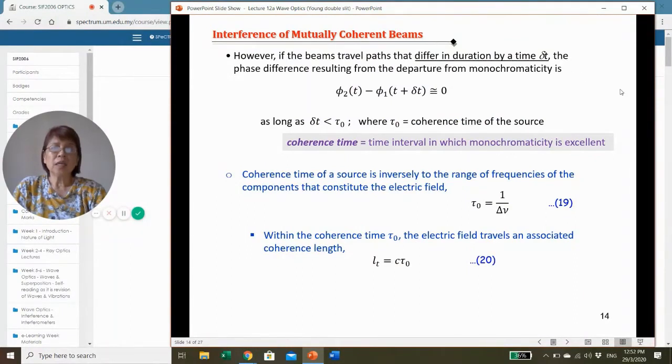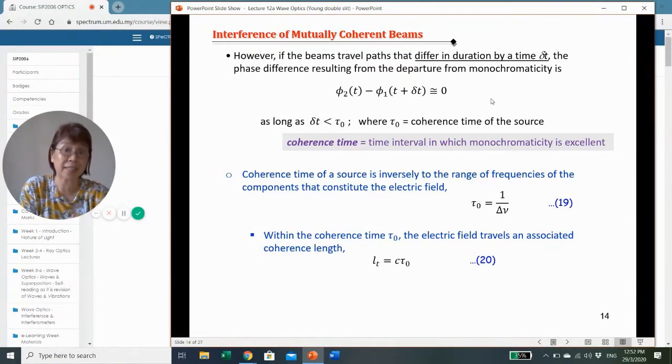So if the beam were to travel paths that differ in duration by the time called delta t, then the path difference resulting from the departure of monochromaticity can still be approximated to zero, provided that this delay in time is less than the coherence time of the source.